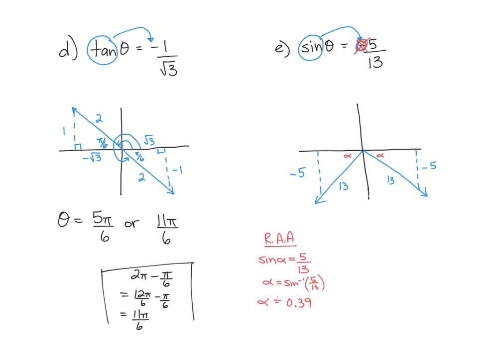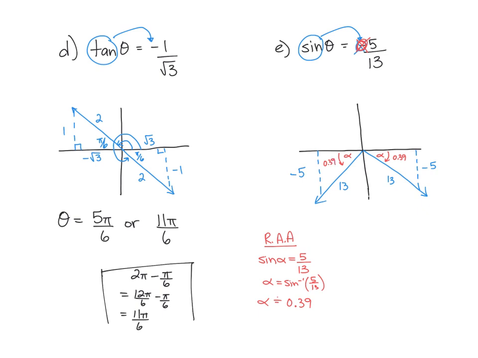Now the key here is to remember that what you just calculated was our related acute angle. That is the angle that is formed between our terminal arm and the x-axis. That is not our final answer.